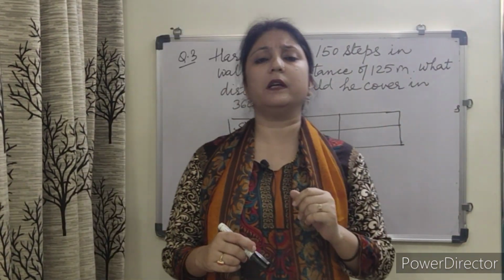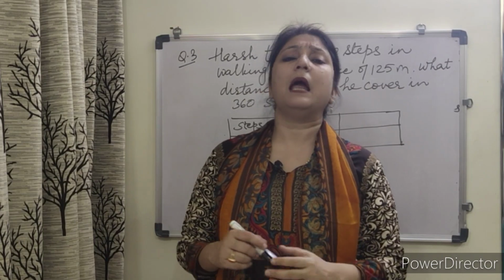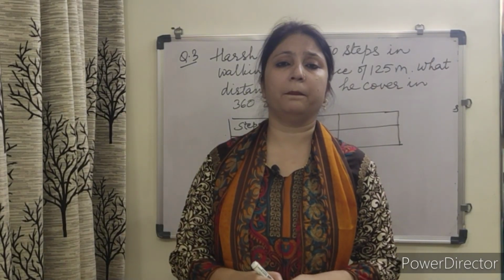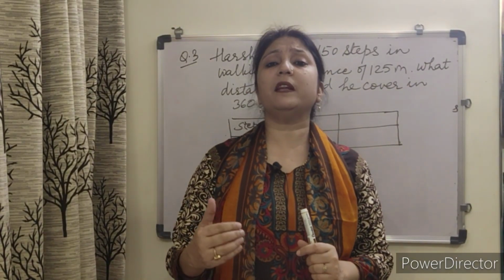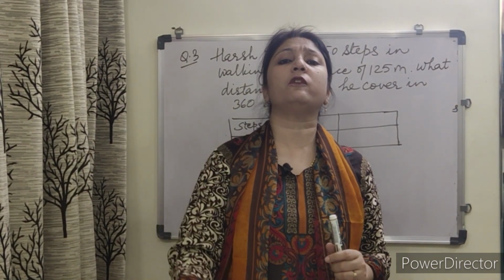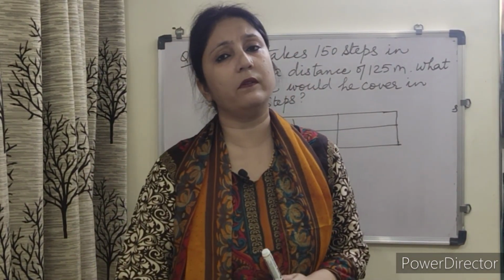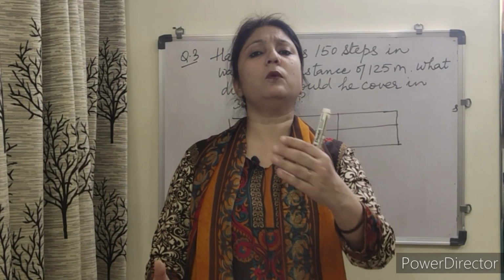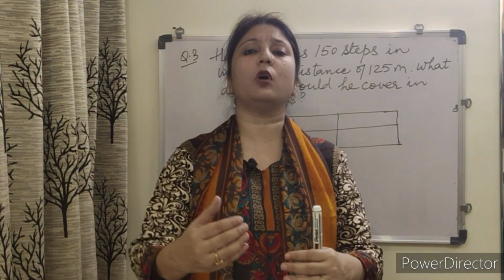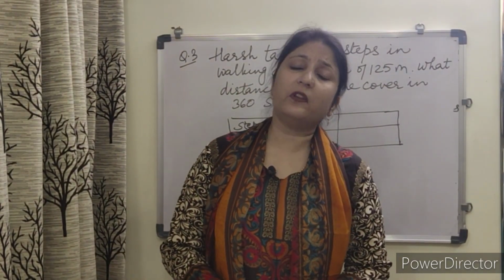I have considered steps as x and distance as y. Obviously, if you take more steps, you will cover more distance. So if one quantity is increasing, the other is also increasing at the same time.